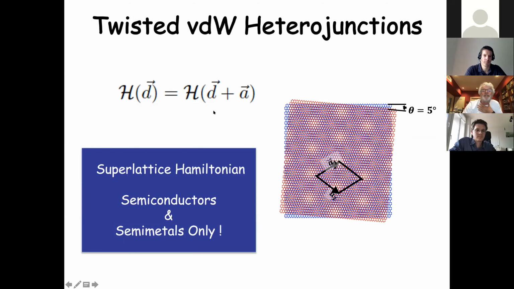And what happens in semiconductors and semi-metals is if I view the Hamiltonian of this crystal, for example, the red crystal, as a function of how I move the crystal underneath, so moving the crystal underneath is characterized by a stacking vector called D here. And if I move that stacking vector by a lattice constant, obviously the stacking hasn't changed.